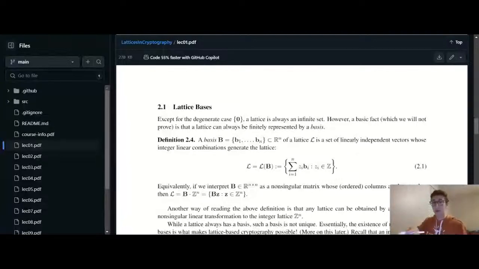Linearly independent, but not discrete. So it would not work. Cool. Let's keep going here.